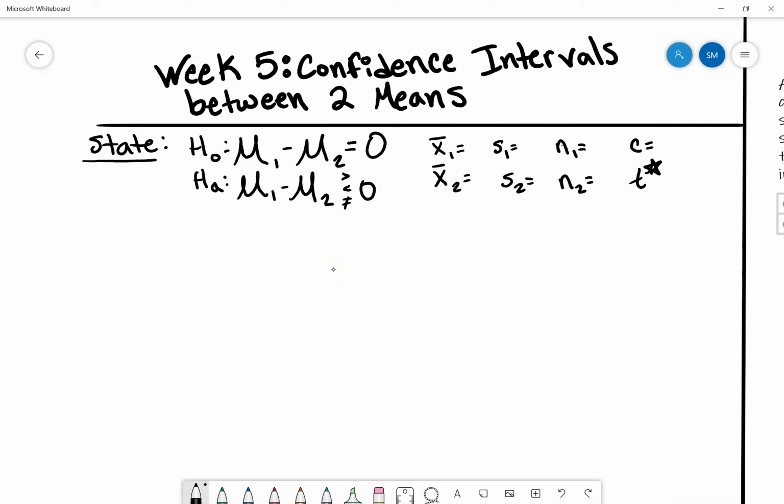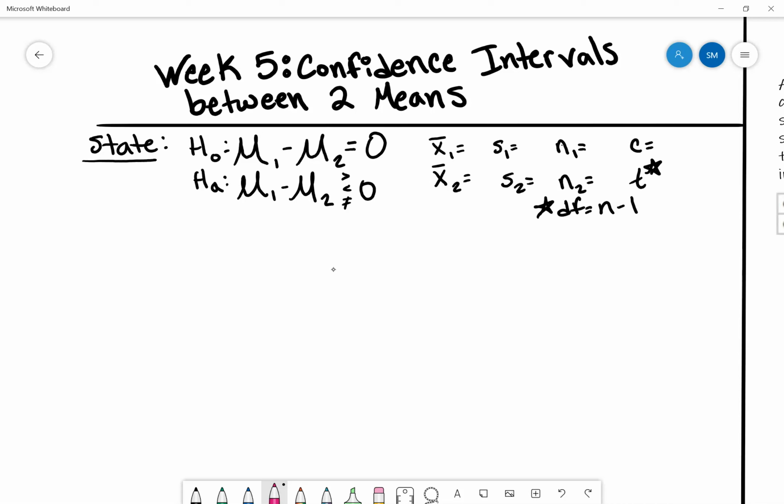Now this right here, you're also going to need to find your degree of freedom. What's weird about your degree of freedom is, remember, it is equal to n minus 1. However, there are two different n's, and it's not always going to be the exact same sample size because not every study is perfect.